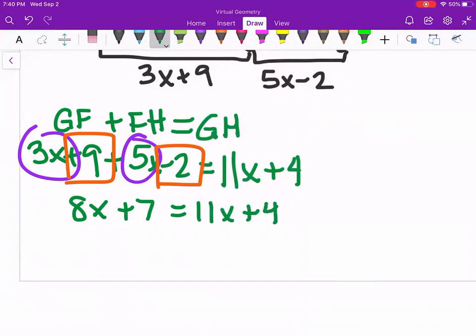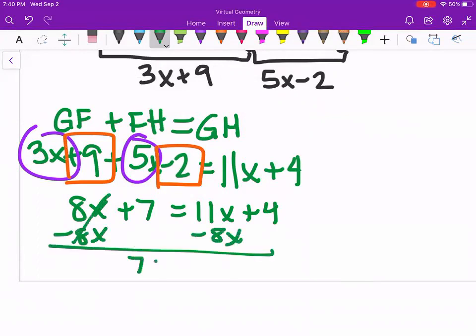So let's keep solving. So again, I said when you have letters on both sides, start with the smaller letter. My 8x is smaller than 11x, so I'm going to cancel it first. Minus 8x, minus 8x. So 7 is equal to 3x plus 4.